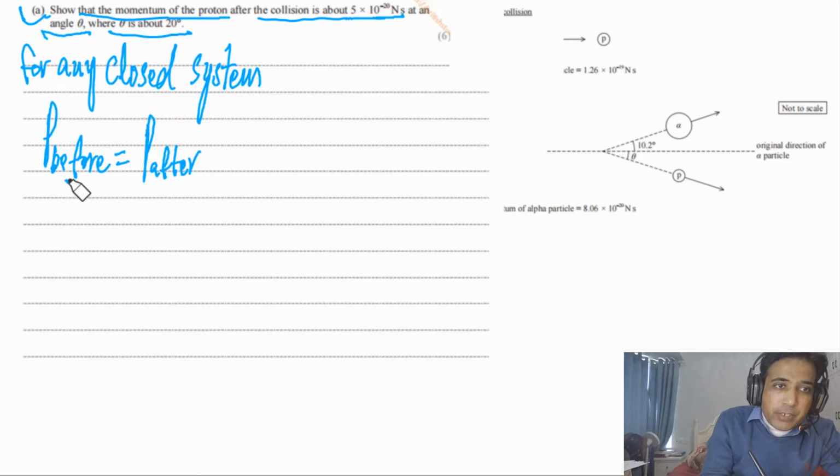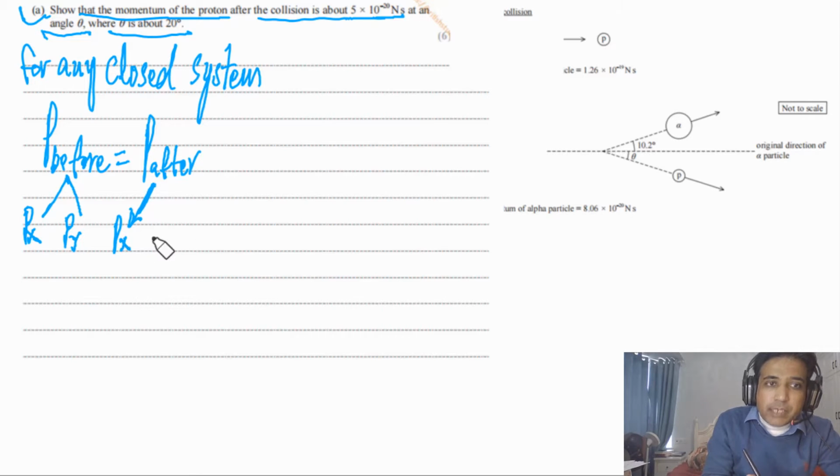Now we can break down this momentum before into 2 components. We can say momentum along x-axis, meaning along horizontal, and momentum along vertical. And we can also break down the momentum after into 2 dimensions, momentum along x-axis and momentum along y-axis. So we can write down this equation again.